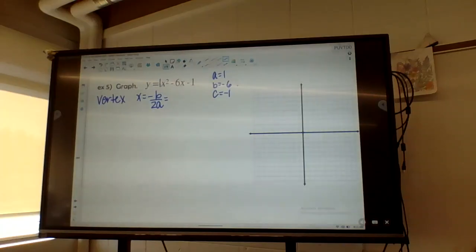So it looks like B is a negative 6, so that means we're going to do positive 6 over 2 times A, so 2 times 1. So x ends up being 3. That's the first part of our vertex. We have to find the second half by substituting that back in.